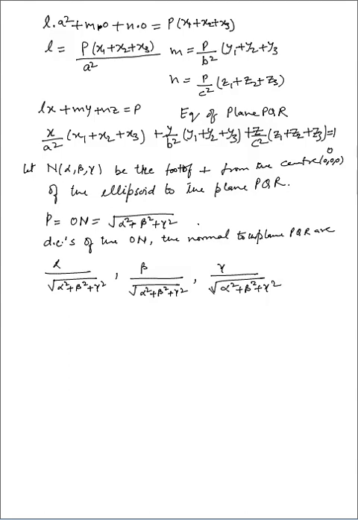These are the DCs, which we can write as alpha upon P, beta upon P, and gamma upon P, because we know this is P.